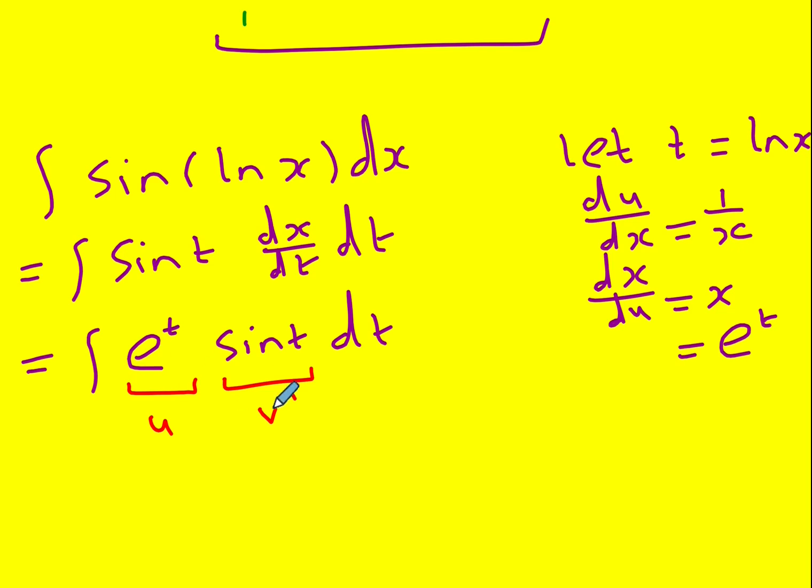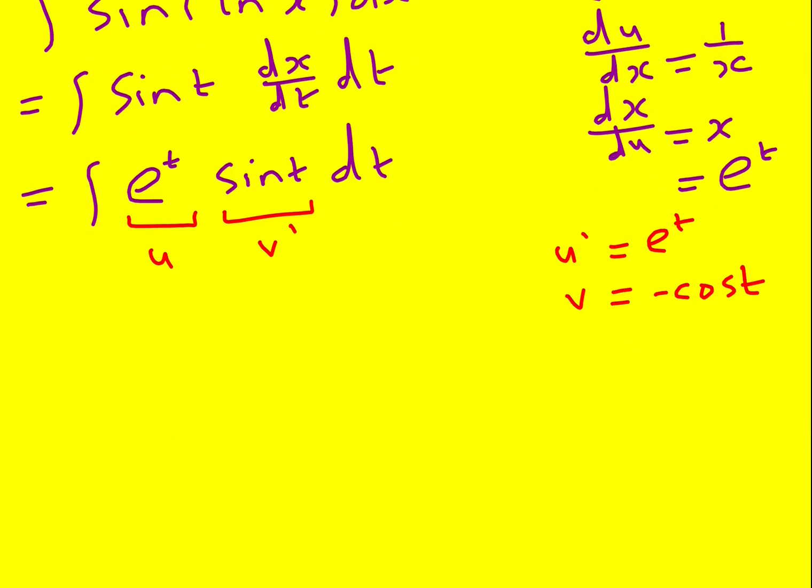I'm going to let this be u and this be v dash. u dash is then e to the t, and v is going to be minus cos t. So we get uv minus the integral of u dash v. Okay, double negative, this becomes a plus.